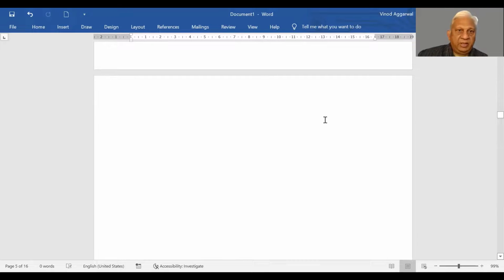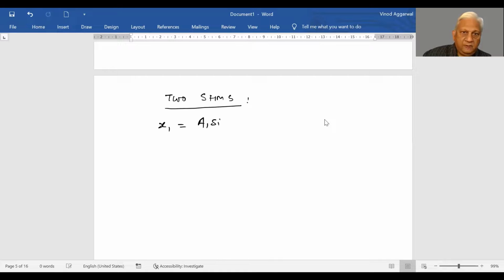Now let us see what happens if a particle is subjected to two simple harmonic motions. Let us say there is a body which is acted upon by one SHM, which is SHM1, and second, let's say SHM2.